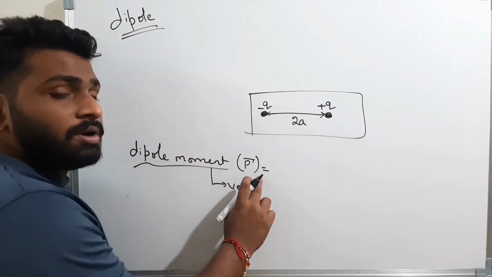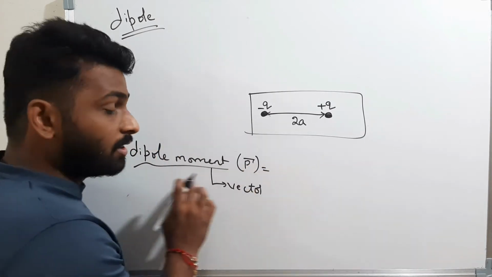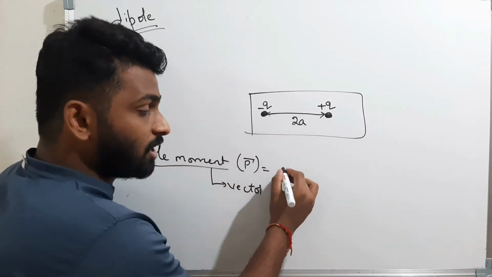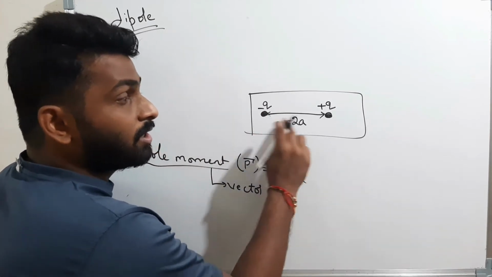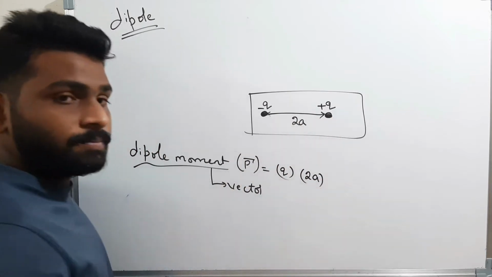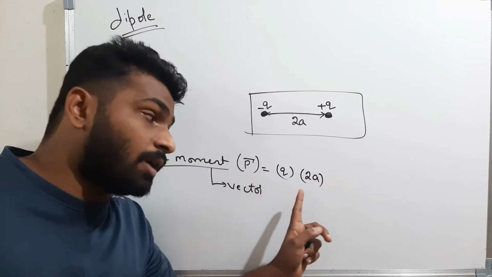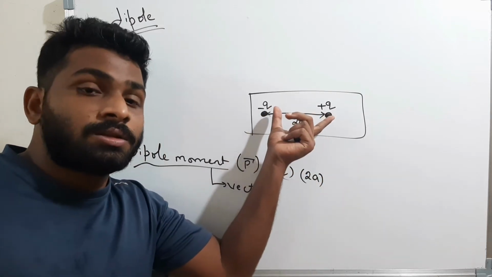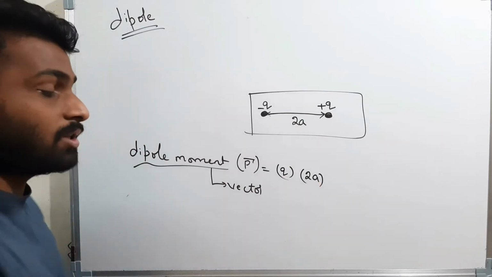Now what is p bar? P bar, the dipole moment, is simply the product of one of the charges into the distance between the two charges, that means 2a. Therefore, q into 2a is nothing but the dipole moment.